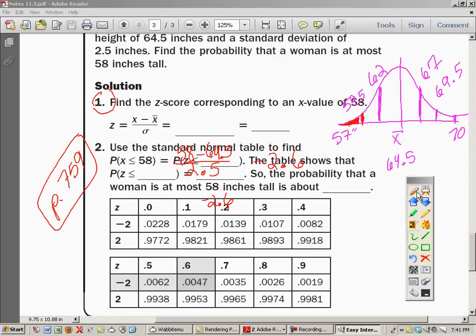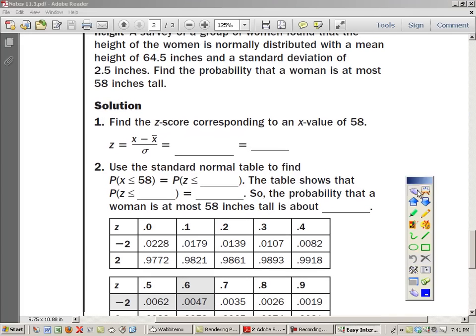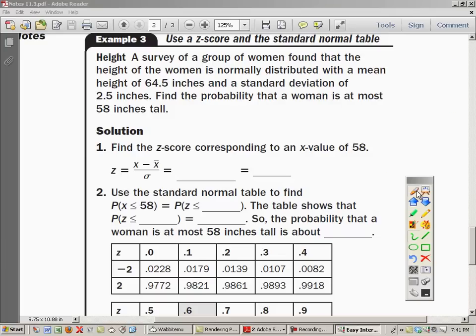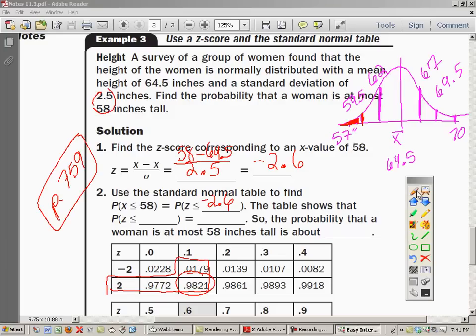Negative 2.6 right here tells me that probability is 0.0047. The table shows that the probability that z is less than or equal to negative 2.6 is 0.0047.